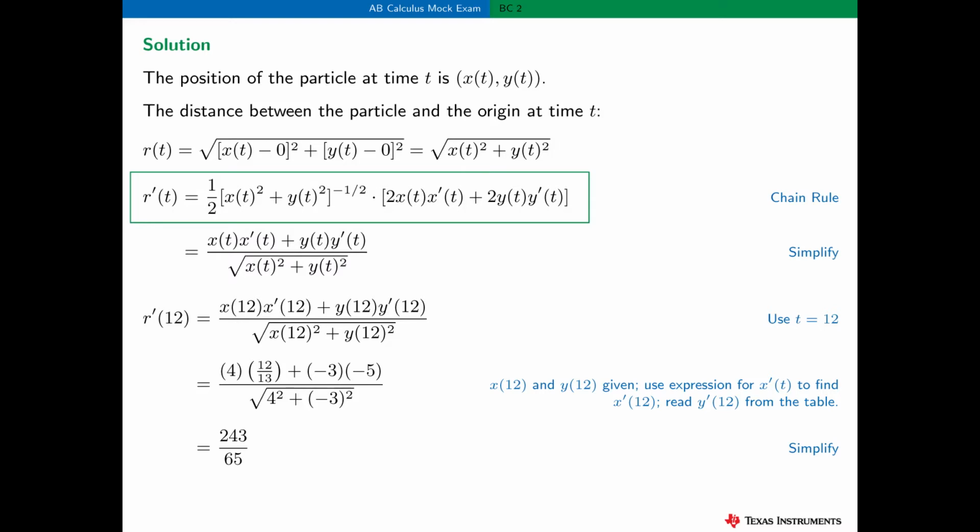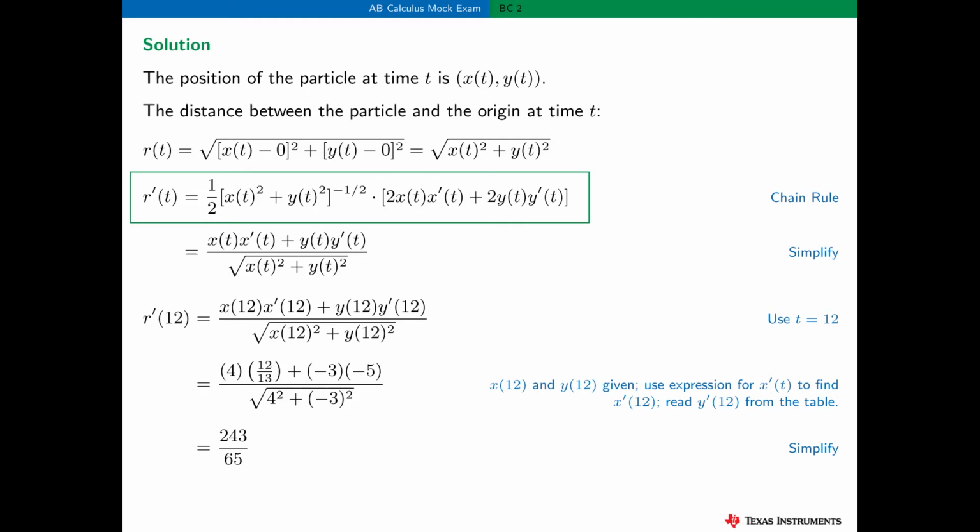The outermost function is the power function. So we start with 1/2 times x of t squared plus y of t squared raised to the 1/2 minus 1, or minus 1/2 power. That's the power rule. We take the derivative of the inner function, a sum, term by term.